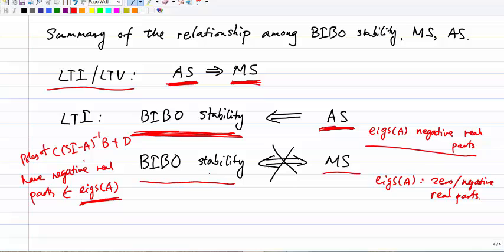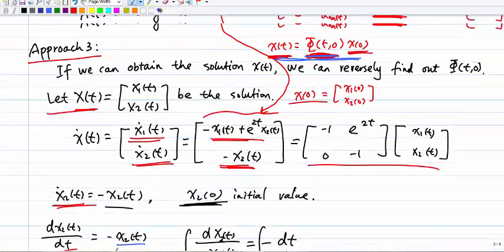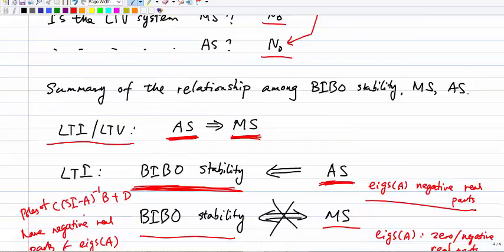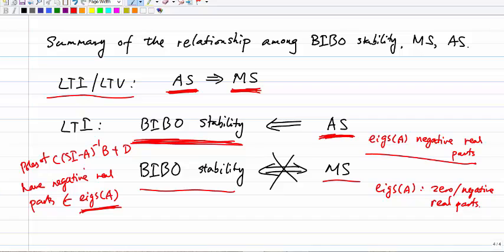That's why there's no direct link between the BIBO stability and the marginal stability, even for the linear time invariant system. So for the linear time invariant system, I do not really know the relationship between marginal stability and the BIBO stability, as you could see in the example that I mentioned over here. So this one is not marginally stable, but it can still be BIBO stable. Okay. So that's all about stability for linear systems, including the linear time variant and the linear time invariant system.